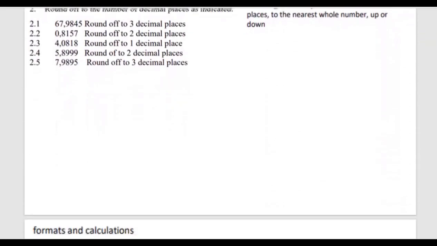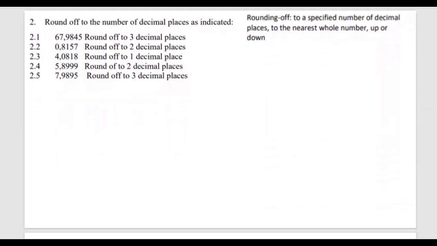Let's look at these numbers here. Round off to the number of decimal places as indicated. So the first one, they're telling us to 3 decimal places. So the number is 67,9845. By the way, the numbers after the comma, we read them the way they are. It's 9845. We don't say 9,800.